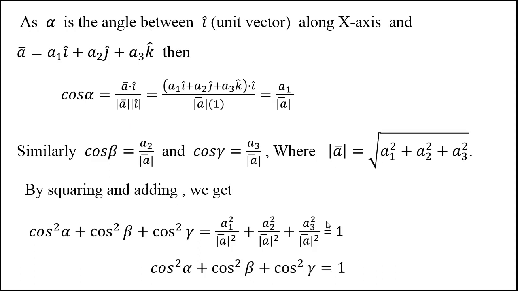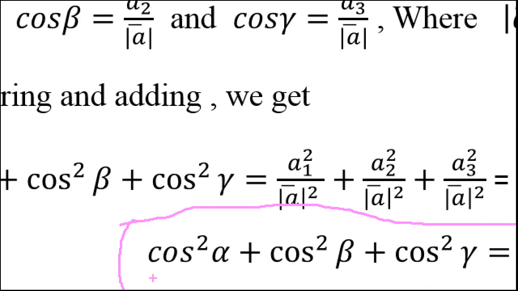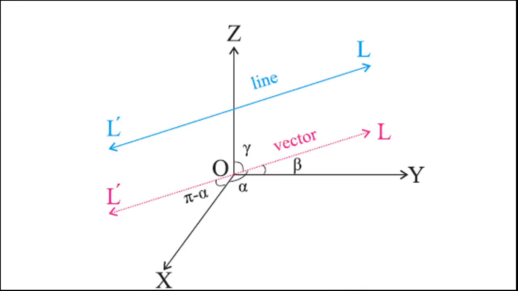Before moving to direction ratio, let us obtain a relation between direction cosines. We know cosine ratios of direction angles are called direction cosines.